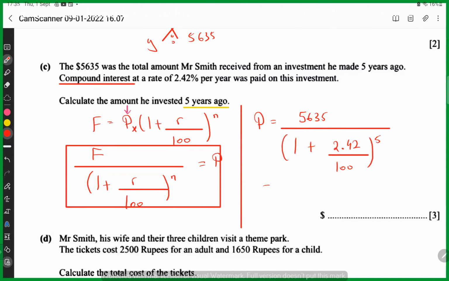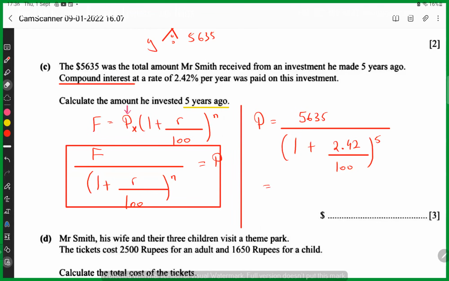Now we need to use our calculators, but before that, let's calculate the denominator. Brackets open, 1 plus 2.42 divided by 100, brackets close. In the power, I need to have 5, and this is going to give me 1.126999 and so on. This is basically the denominator only, so no need to write this.